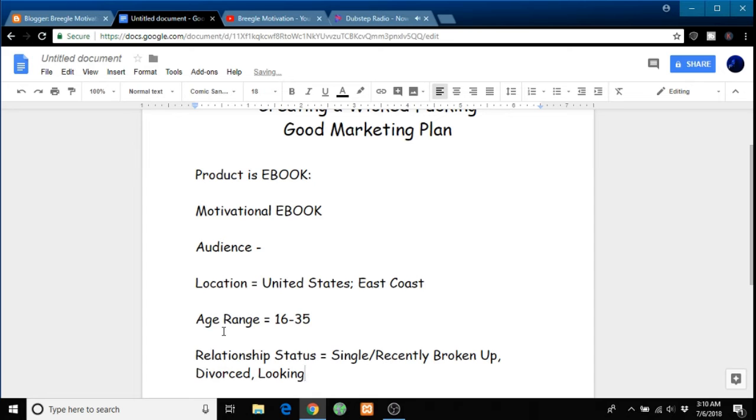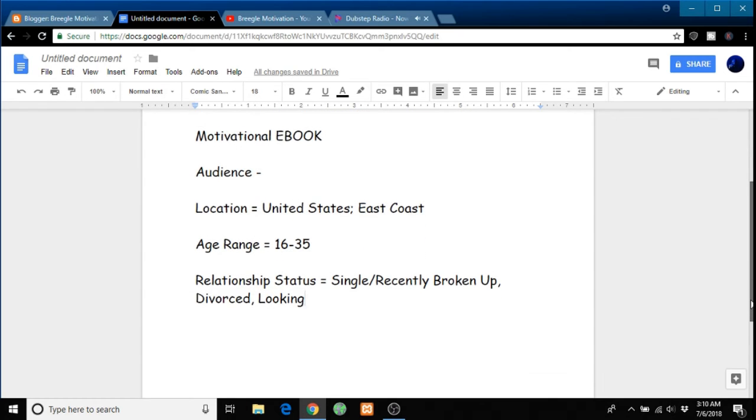Because what is the thing that most men and women like in somebody who they could potentially be with? Somebody who's on the come up, somebody who knows how to get through basically any tough situation in life. They want somebody who's making money, etc. So that's the relationship status that we want.